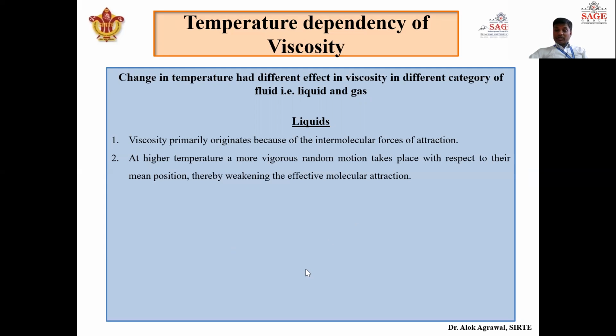When the intermolecular force of attraction between the molecules decreases, there will be a decrease in viscosity. They will cause less resistance to the adjacent fluid. So we can say that when we increase the temperature of any liquid, the viscosity of that liquid will decrease.